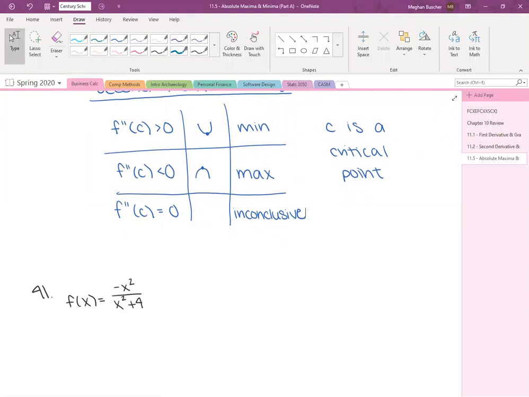So for 41, like I said before, they're asking for absolute extrema, if any, using the second derivative test. So we can see that to use the second derivative test, we need a critical point. How do we find our critical points? A little bit of review here.